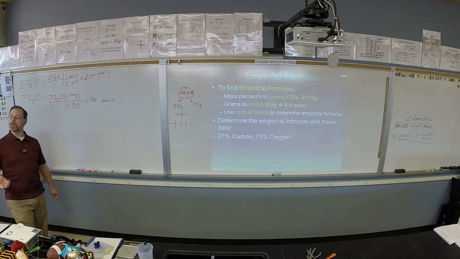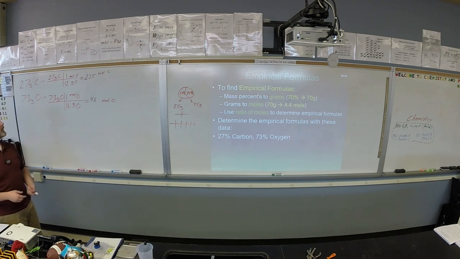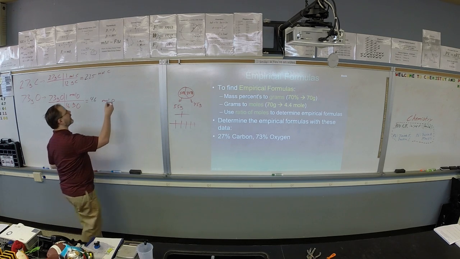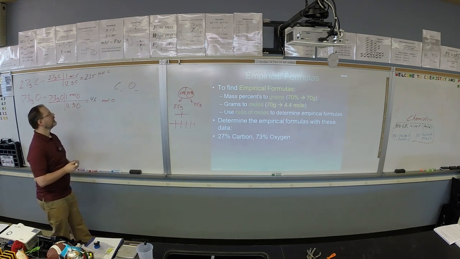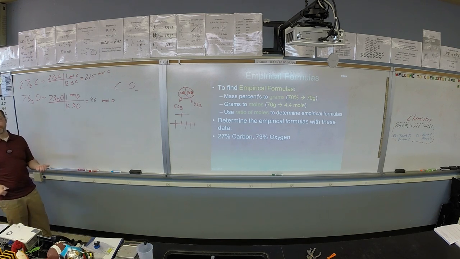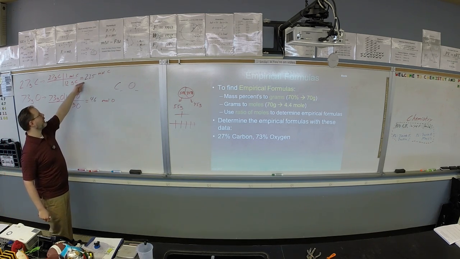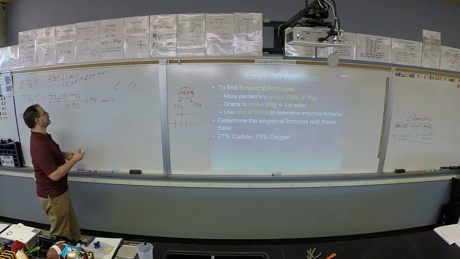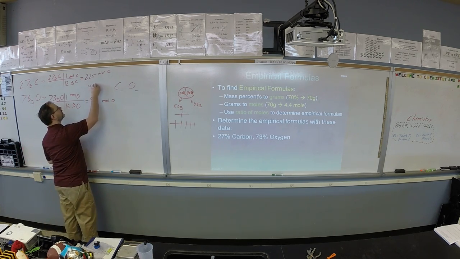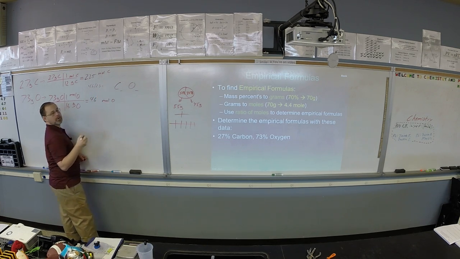Once you have your moles of your thing, then you can come up with a ratio. Now we know the compound is going to be C something, O something. To find out what the somethings are, divide the smaller number into the bigger number, and that's going to give you a ratio. So 4.6 divided by, I'll just round up, 2.3 gives you a ratio of what?